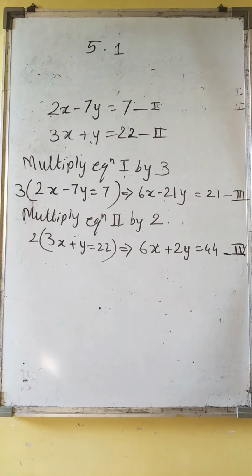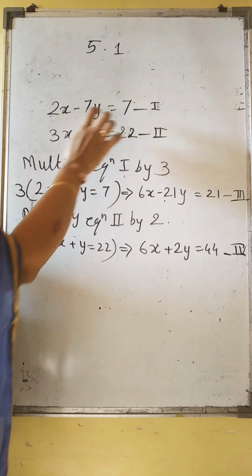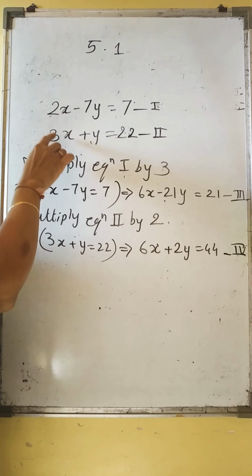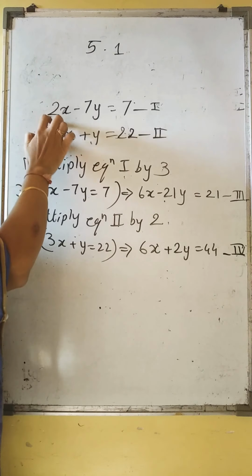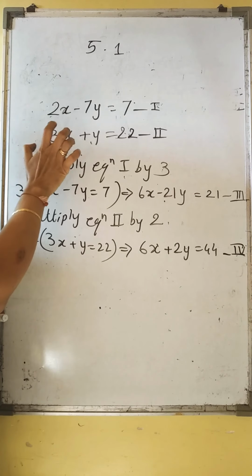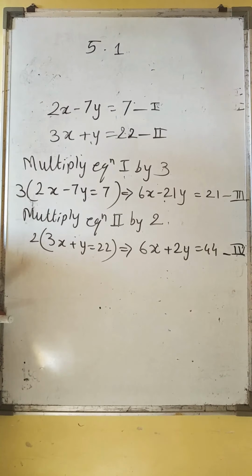Miss, can you explain it again? Yeah, that is the reason I have taken this particular example in a different way. Once again, I explain to you. Children, I see this equation, right? You have here coefficient 2, here coefficient 3. Suppose I wanted to eliminate the coefficient of x. हाँ, तो एक का 2 है, एक का 3 है.